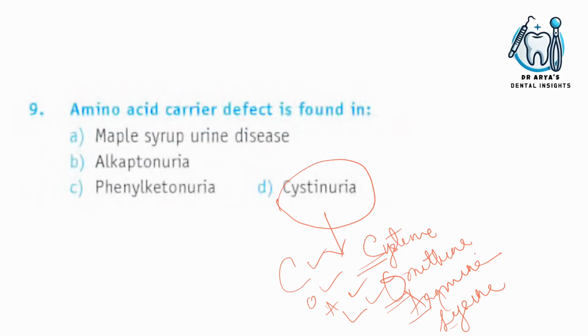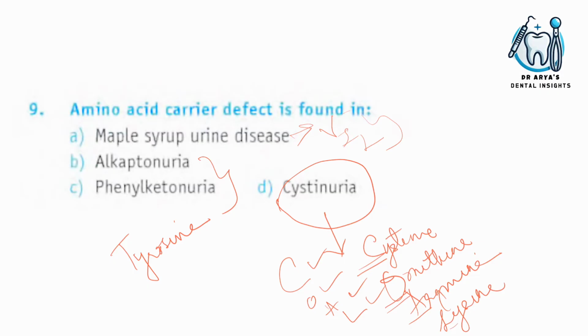And we already found out that maple syrup urine disease is due to the disorder of branched chain amino acids, valine, leucine, and isoleucine, that is VIL. Okay. It is due to the defect in the enzyme branched chain alpha ketoacid dehydrogenase, and it is also known as branched chain ketonuria. Then phenylketonuria and alkaptonuria are disorders due to a defect in tyrosine metabolism.